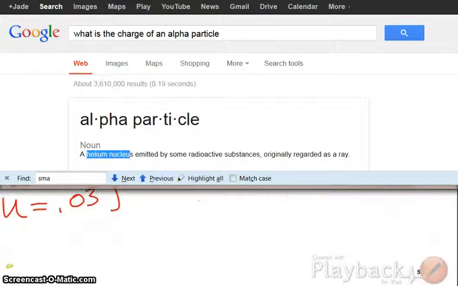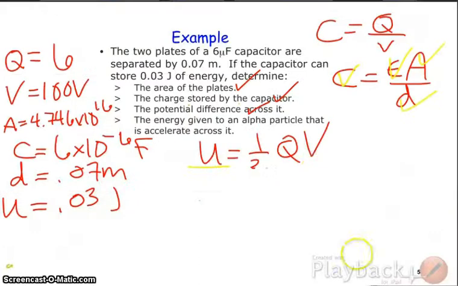A helium nucleus has 2 protons, so the charge would equal 2 times 1.6 times 10 to the negative 19th.